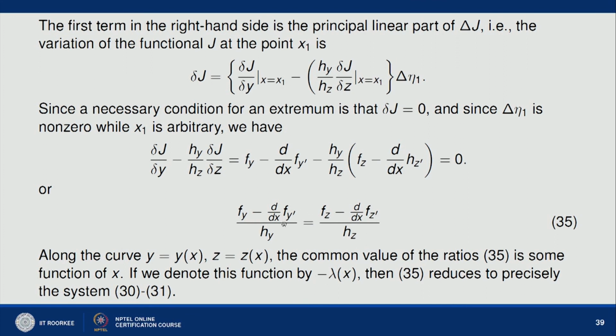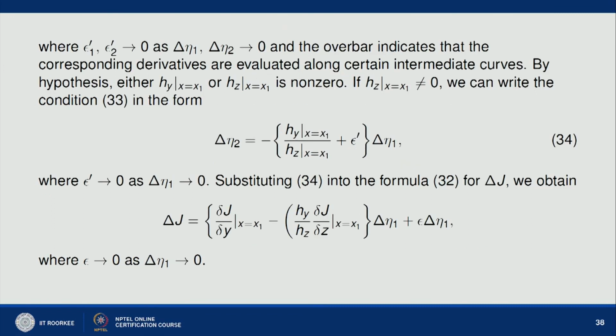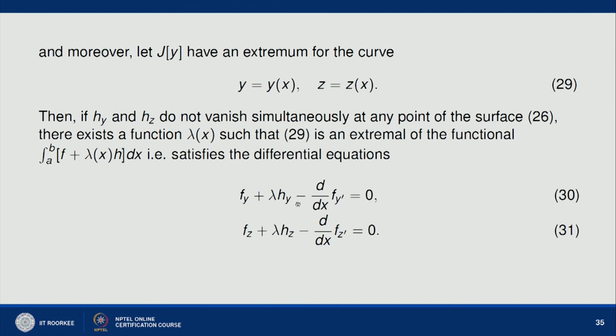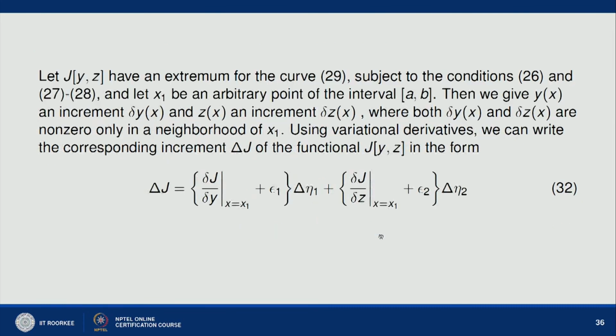Both are functions of x, so we denote this as minus lambda of x. Then our theorem statement, that f_y plus lambda h_y minus d by dx of f_y dash is equal to 0 and f_z plus lambda h_z minus d by dx of f_z dash is equal to 0, is true.